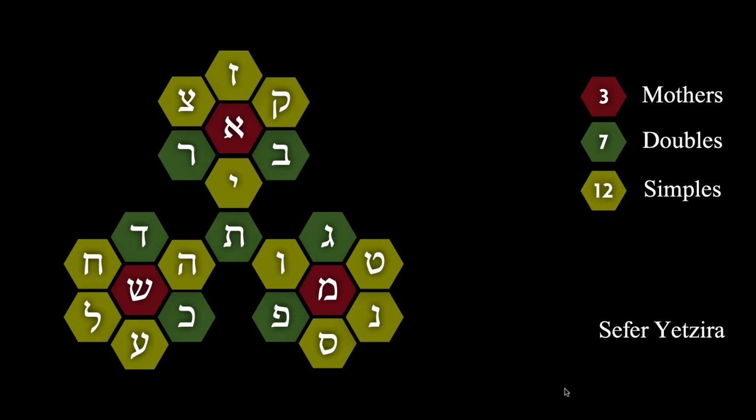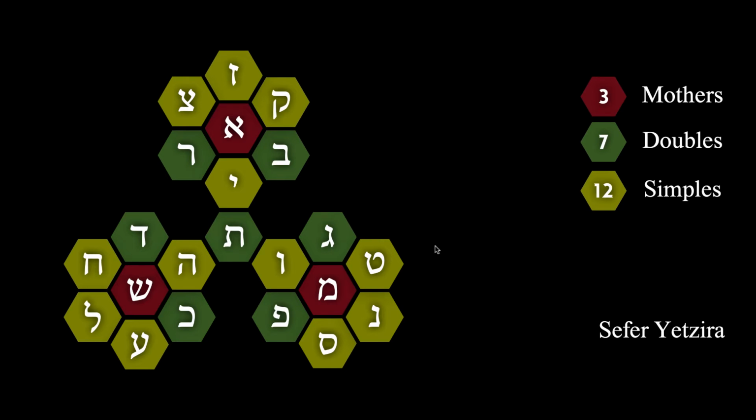Some people put a dot here and another dot there, making Shin and Sin into two, and say there are 23. But you can play the same trick with Bet: you can say Vet and Bet with a Dagesh and say there are two, and then do the same thing with Pe. So really there are only 22 symbols, period.